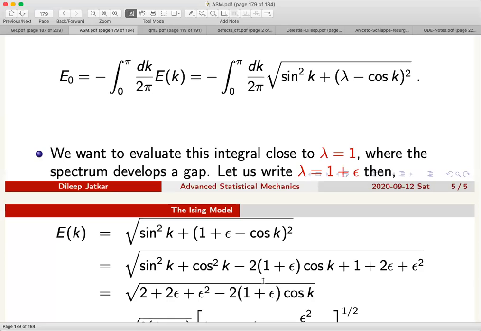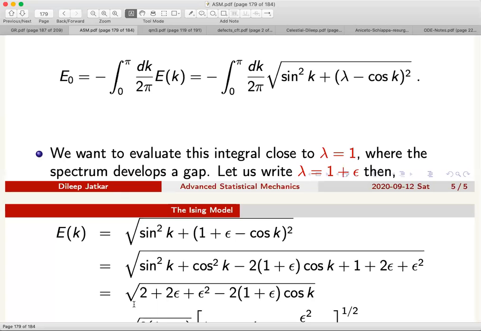So you can simplify this. These two terms plus this give you 2. You have a 2 epsilon coming from here and epsilon square, and 2 times 1 plus epsilon. So you have 2 times 1 plus epsilon in front of two quantities, and the next quantity, which is non-vanishing, is of order epsilon square.